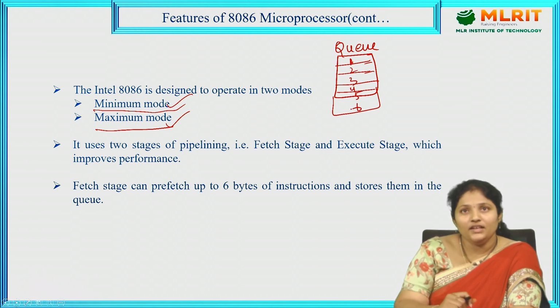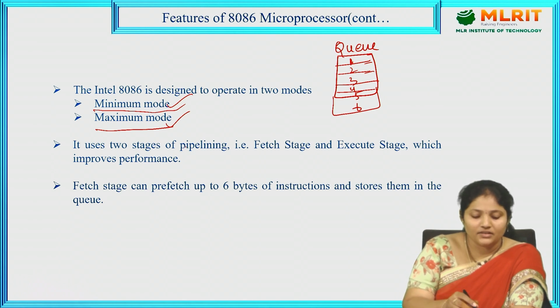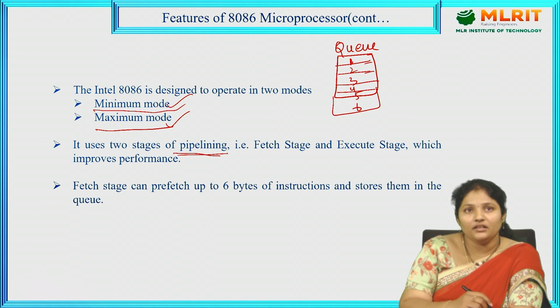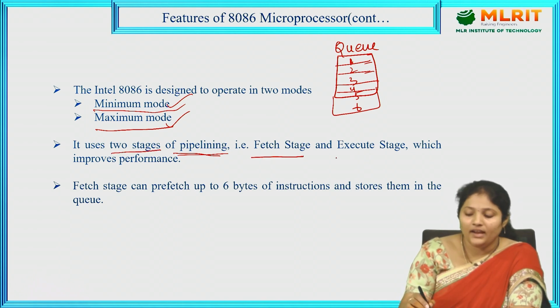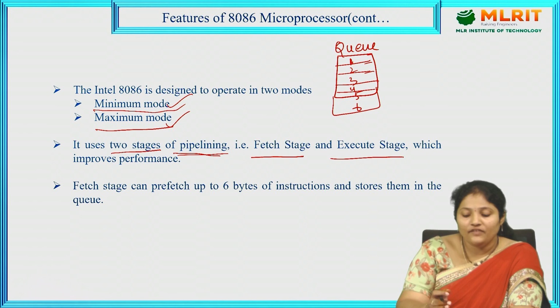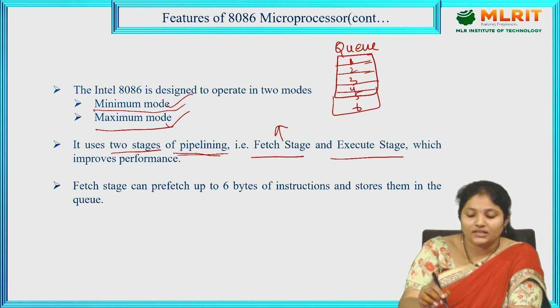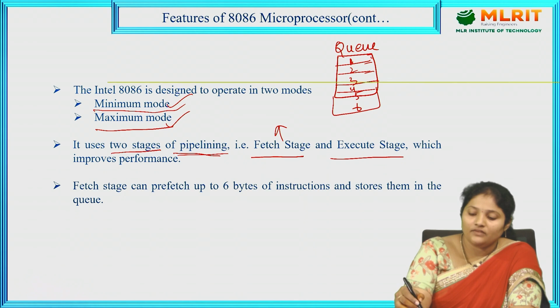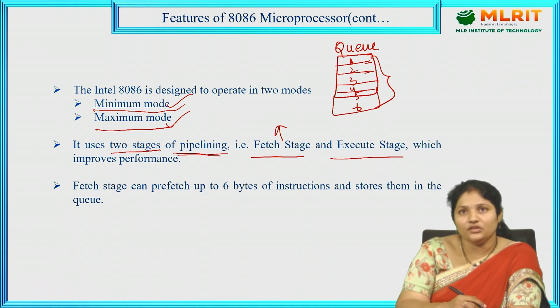This queue is a 6 byte register, which is used to store the next instruction. So the 8086 implements the pipelining concept, in 2 stages, fetching and executing. This prefetch operation, fetching the next instruction and saving it in the queue, is what the queue is used for.